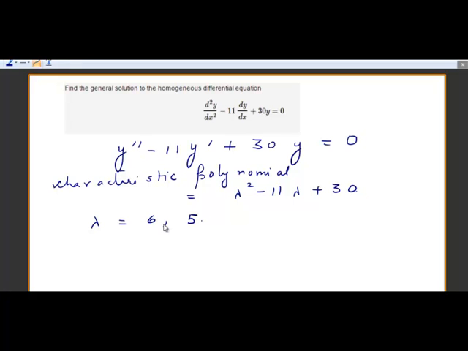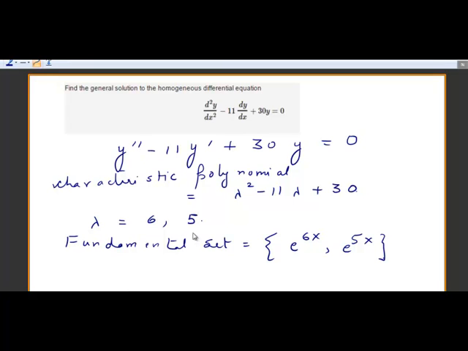So once you have distinct real roots, then you will write down the fundamental set. So the fundamental set will be e to the power 6x and e to the power 5x. Not C1, C2. We are just writing the fundamental set.